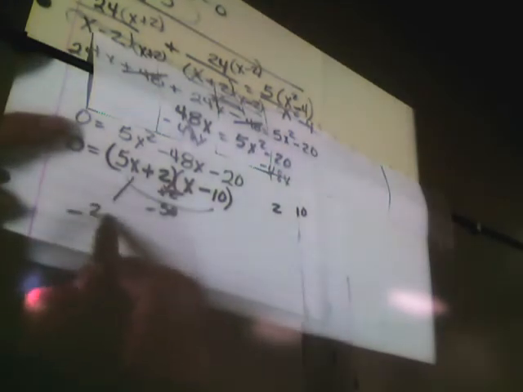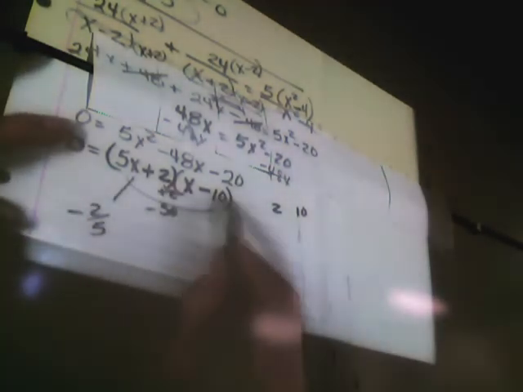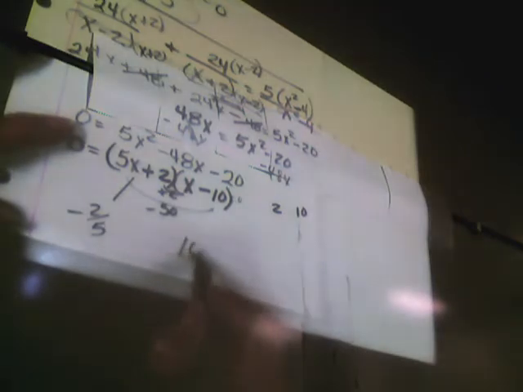X equals negative 2/5, x equals 10. This one will end up being negative 2/5, and this one, of course, will be a positive 10, right? But if it's a factor like this, don't worry about it, since we didn't cover those sections. So 33 and 34 are extra credit.